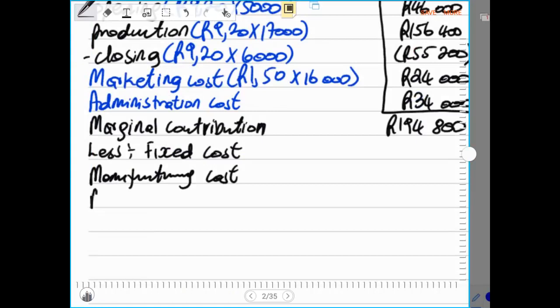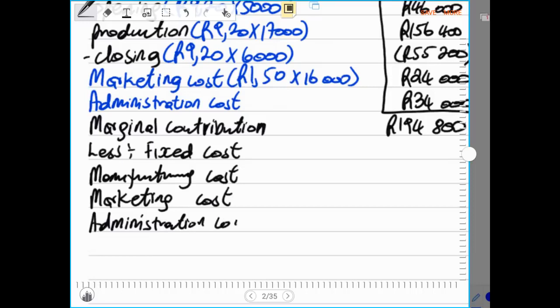So now we have marketing cost. We also have administration cost, which is fixed. And our manufacturing overhead cost fixed is 128,000.